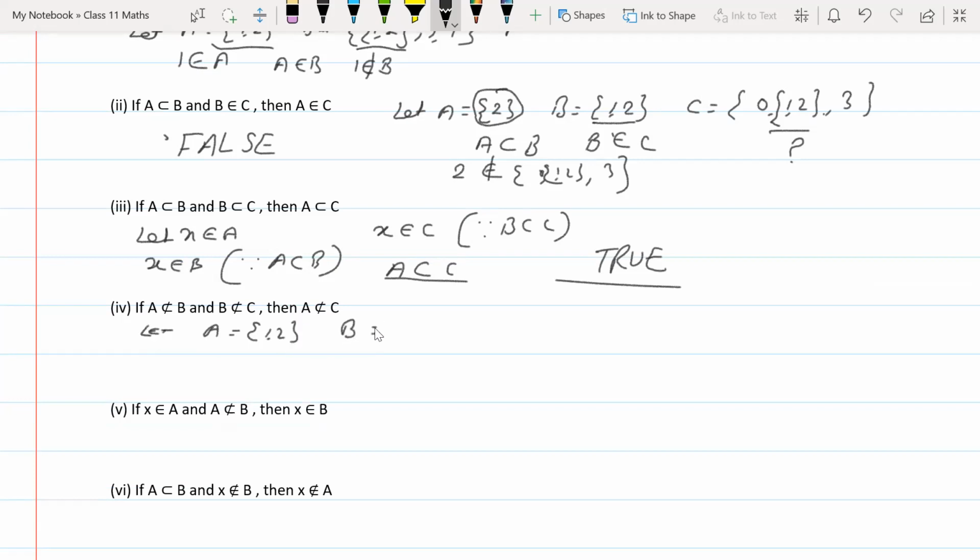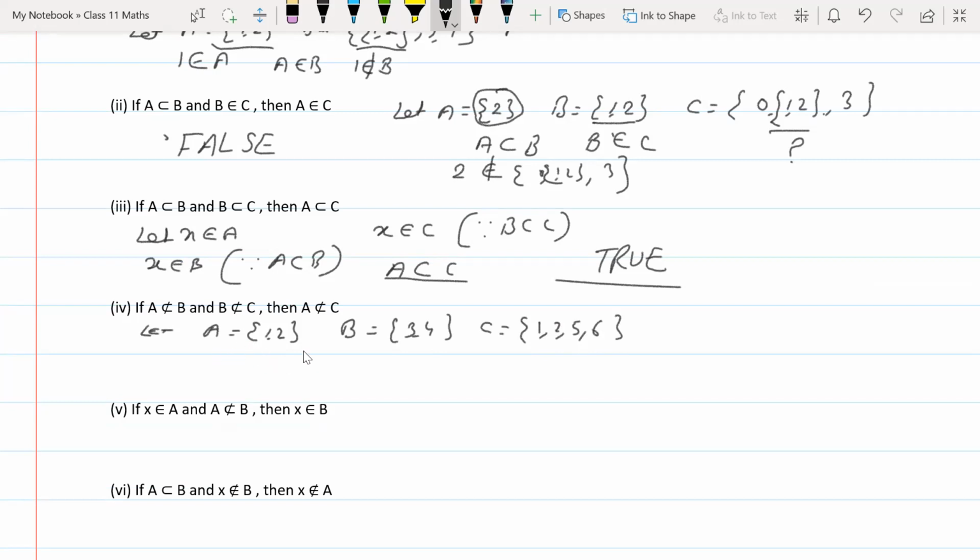B is a set having elements 3, 4. So B is not a subset of C. It means C can have the elements 1, 2, 5, 6.